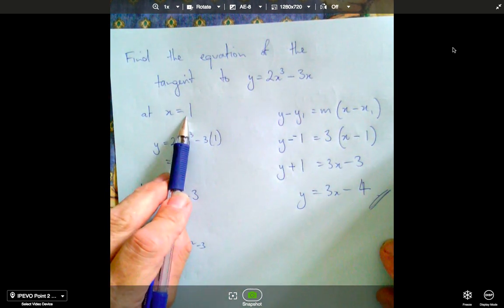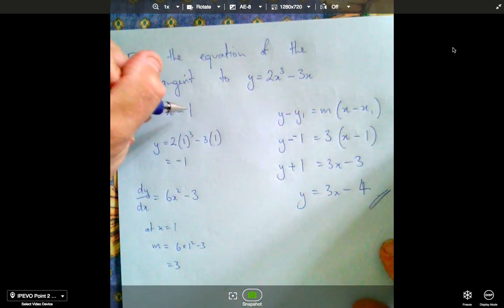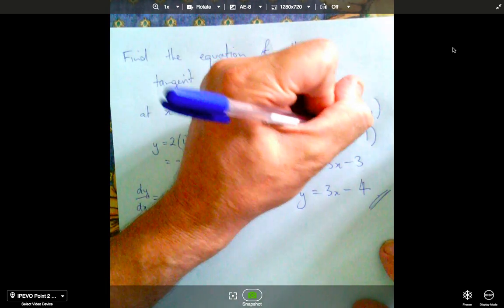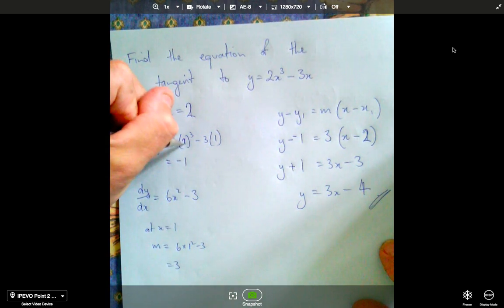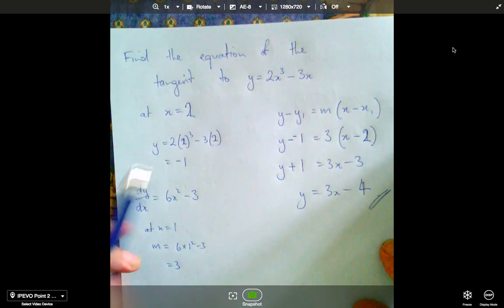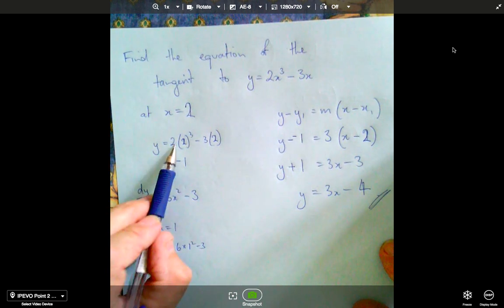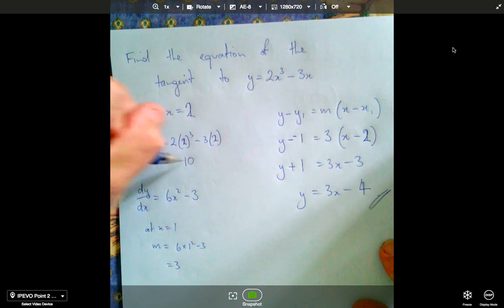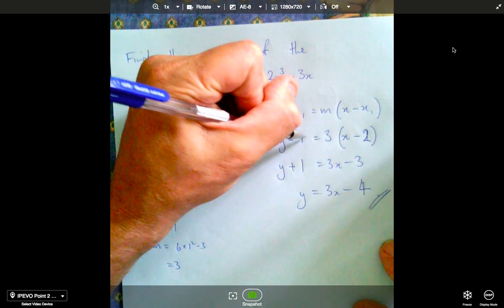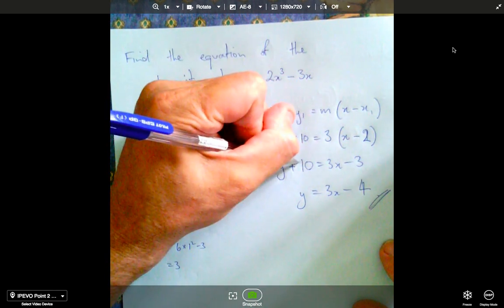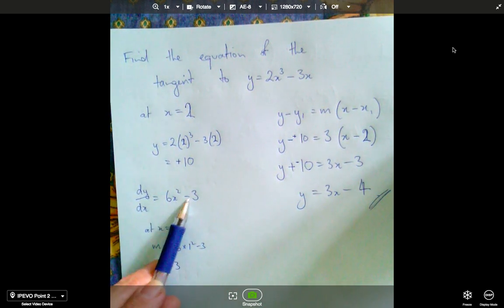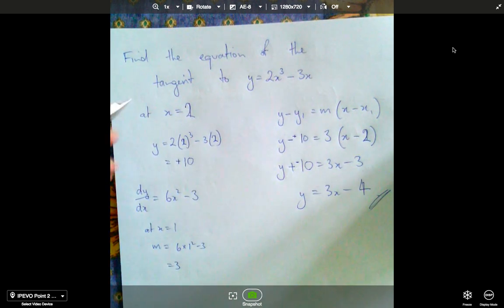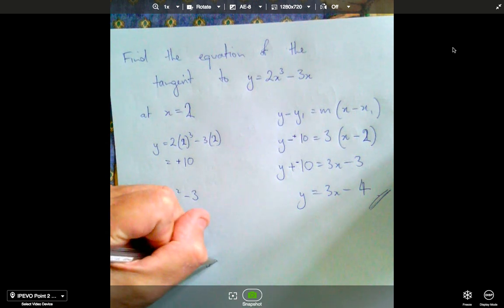If this was at x equals 2, what would change? Well, this would be 2. We'd have to have a different y1. So 2 cubed is 8, so that's 16 minus 6, so this would be plus 10. And if this was 10, it'd be 600 minus 3, so 597.